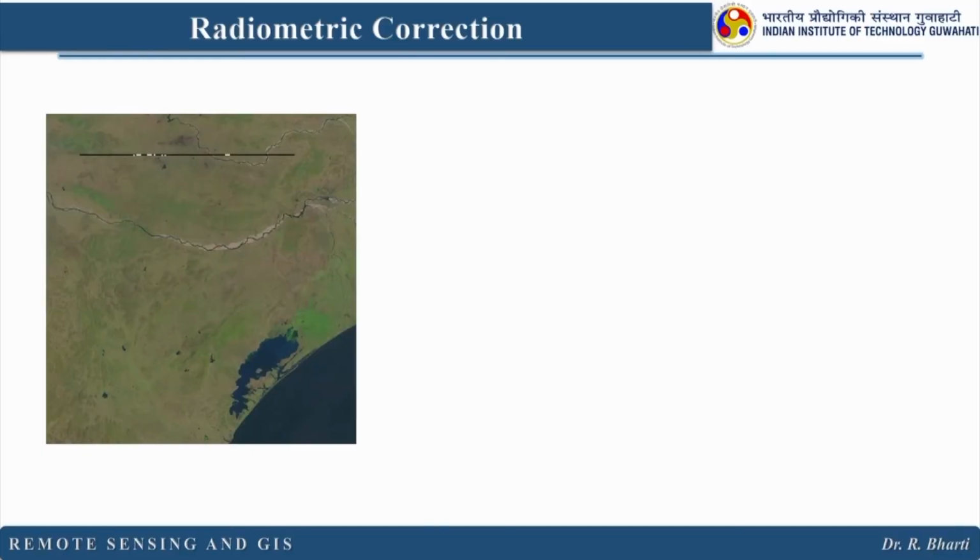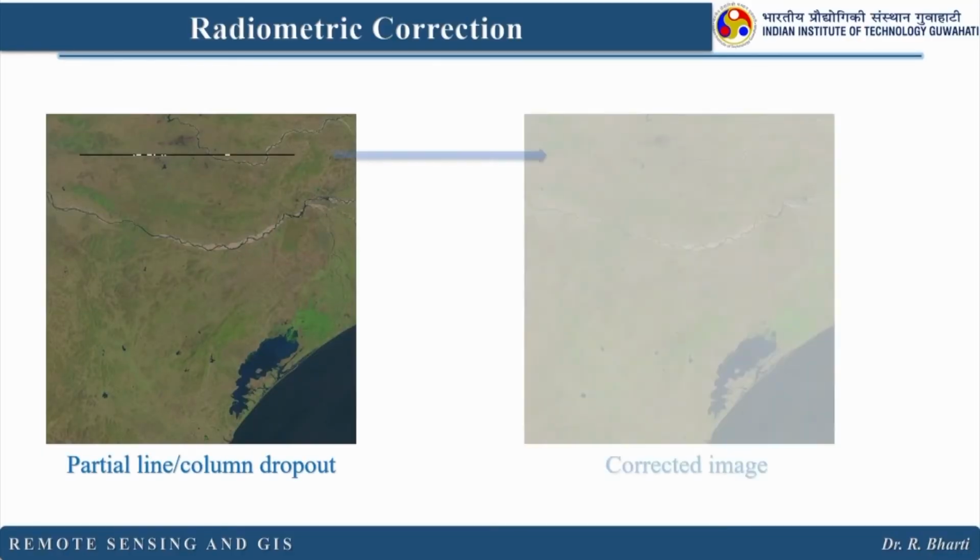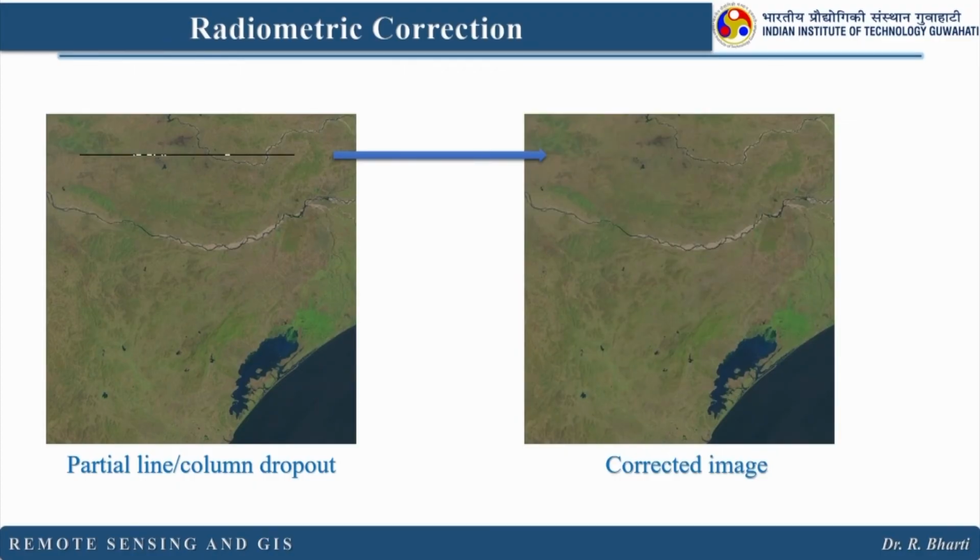So, here this is the example when you have a partial line or column dropout, and this is after correction. I have put this example just for you to see the problem before correction and after correction. So, you will better understand this particular error, right.